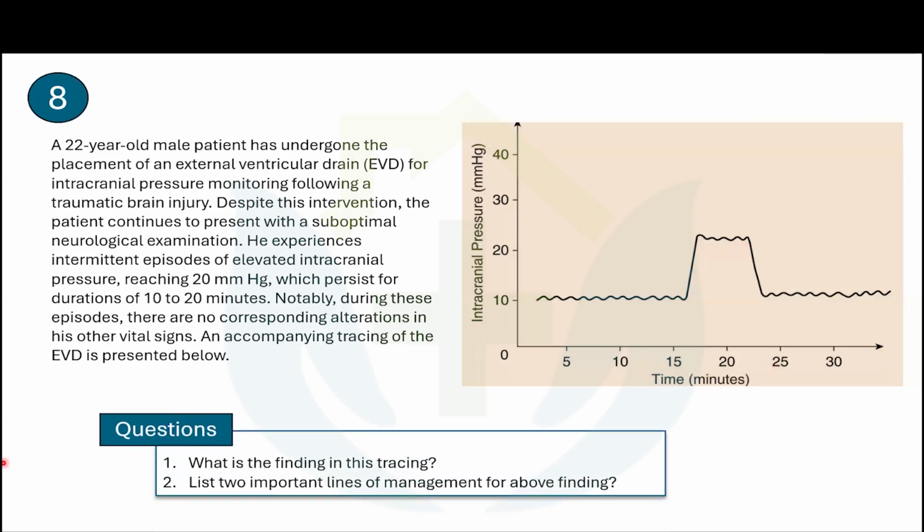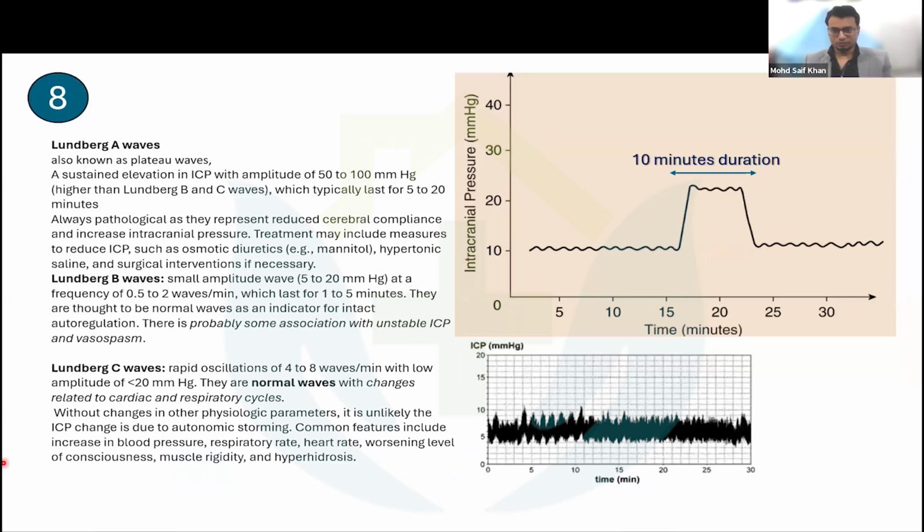This is important. Lundberg A waves are usually pathological. Lundberg B waves may or may not be pathological. Lundberg A waves are high amplitude for a longer duration, about 10 to 15, 20 minutes.